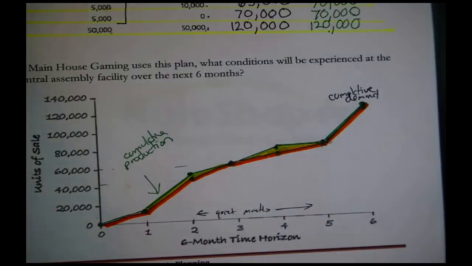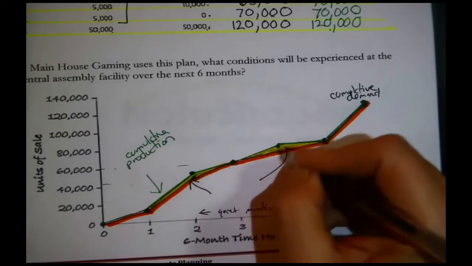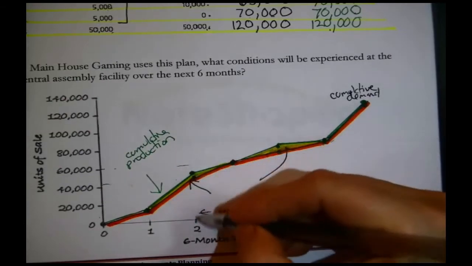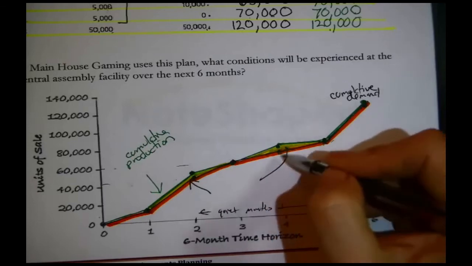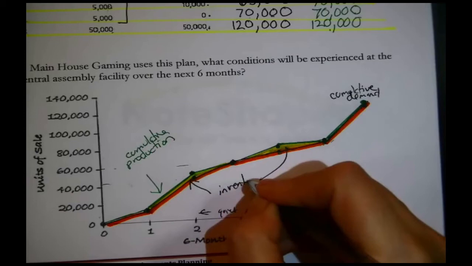That gap has meaning. That is where cumulative production, just briefly at the end of the second month and at the end of the fourth month, is above cumulative demand. You are looking at inventory. That's what inventory looks like on this kind of graph.